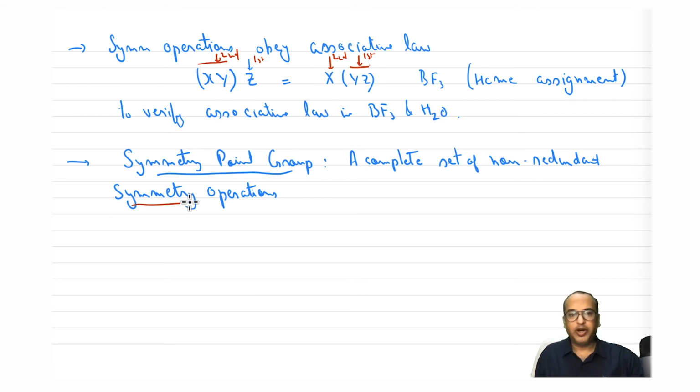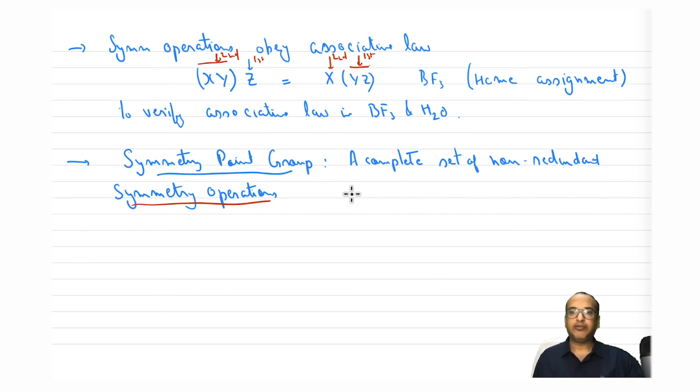So I'm saying symmetry operations and not symmetry elements, thus identifying the list of symmetry operations is crucial. Okay, so we have learned how to first list down the symmetry elements and then find out what all non-redundant symmetry operations exist.